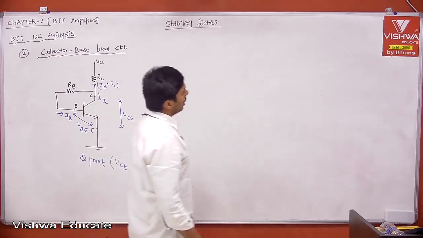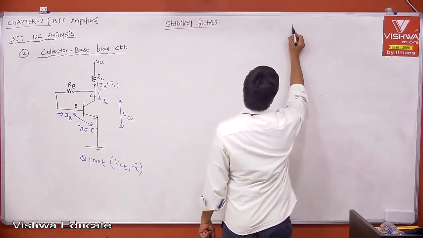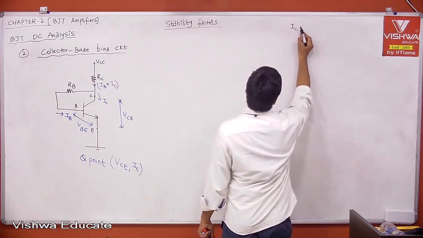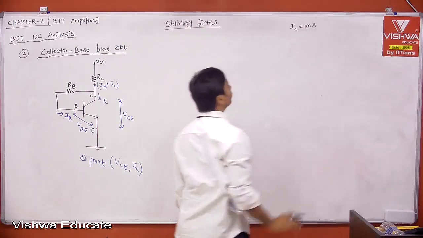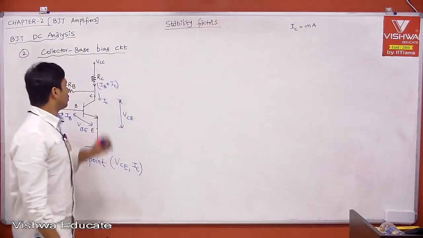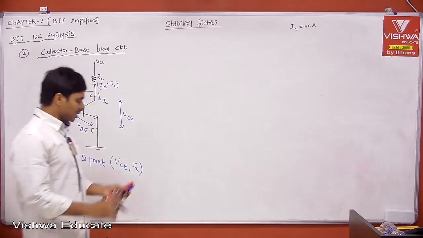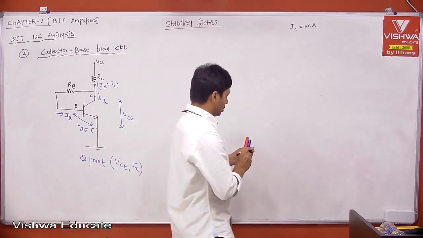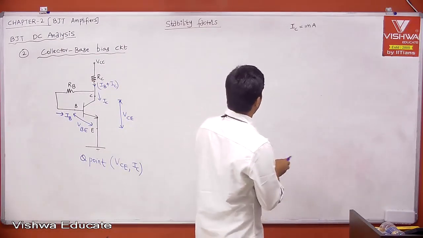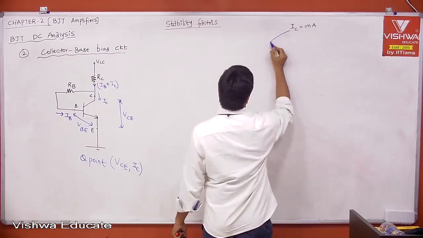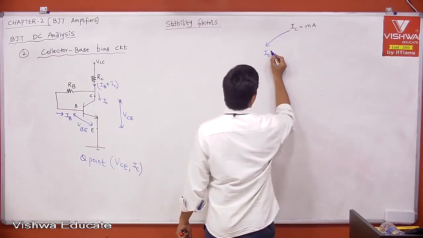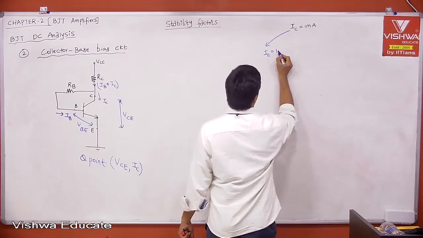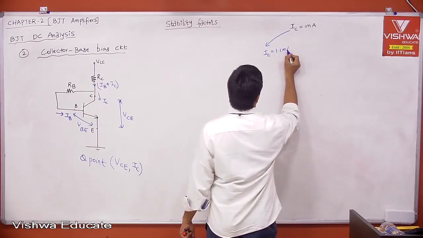Let's see that. Now let us say I am expecting my IC to be 1 milliampere. This is my expectation, or I am trying to keep my IC at 1 milliampere. But let us say due to temperature the IC is increased. Let us say the new IC due to temperature is 1.1 milliampere.